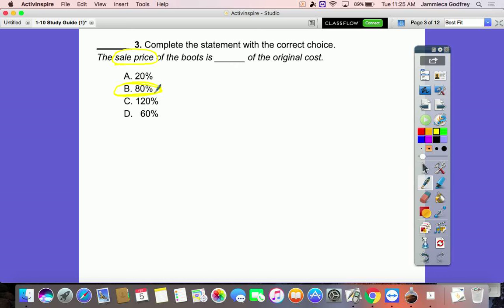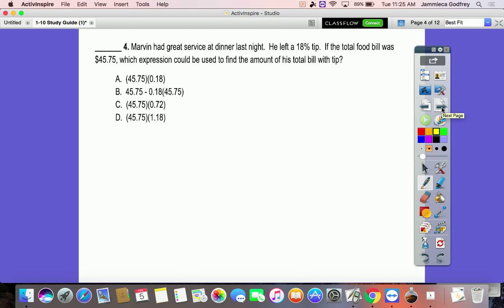If you chose 20%, that's not the sales price, that's the discounted price. 80% is the sales price. It's 80% of the original balance is what you're going to be paying because they took 20% off. So that one was just a basic one. You really just had to understand what the question was asking and understand whole.